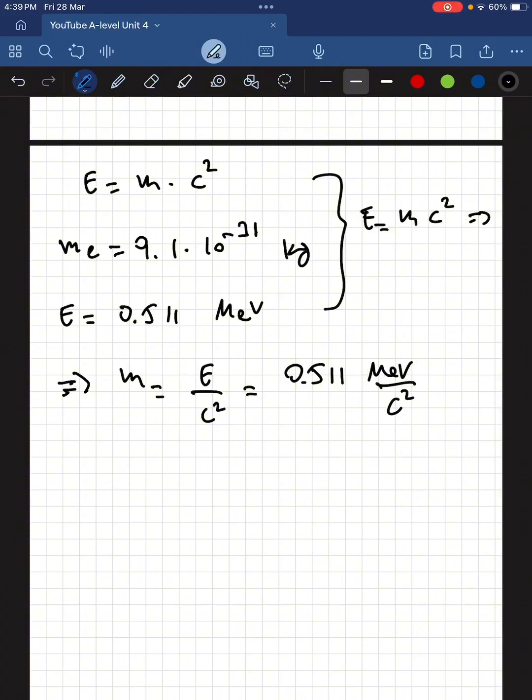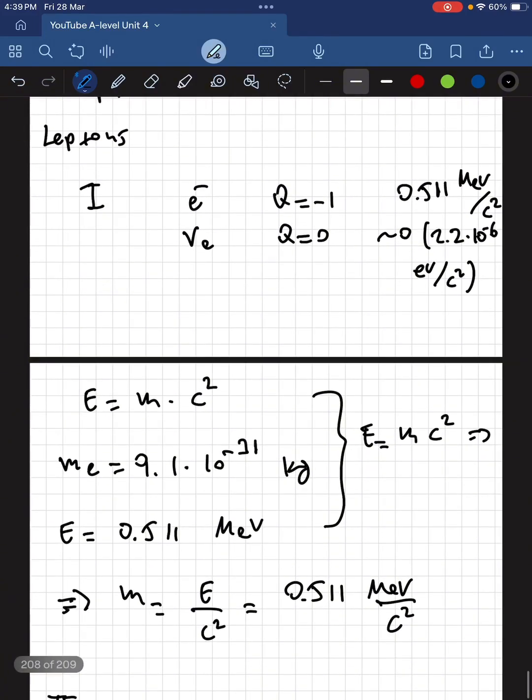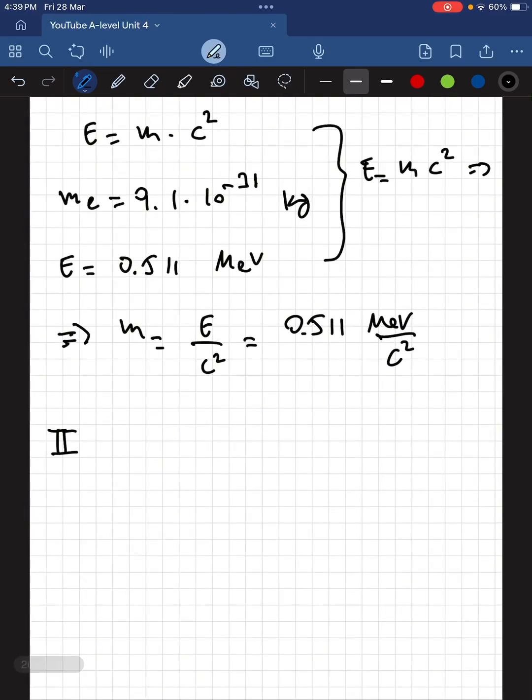Okay, now generation 2. And by the way, these generations correspond to the historical discovery of these particles. So the electron and the electron neutrino were the first to be found. And then the muon and the muon neutrino were found. So the muon is like the heavier cousin of the electron with a charge of -1.